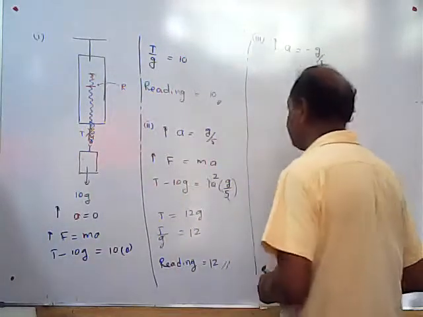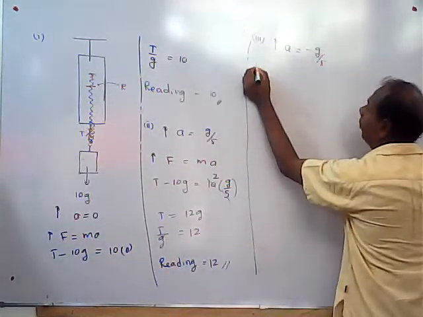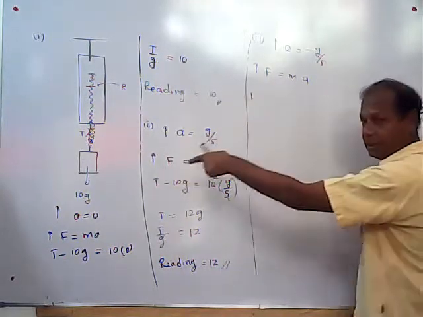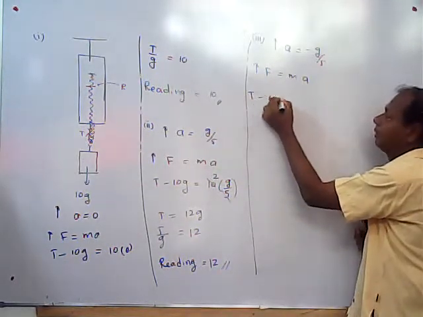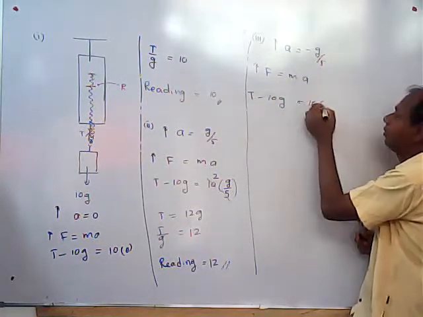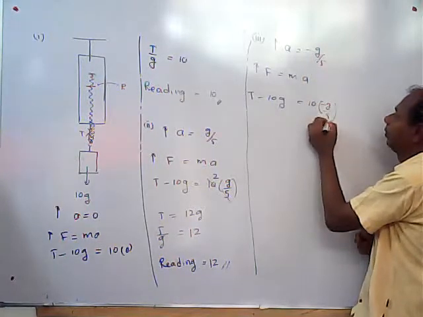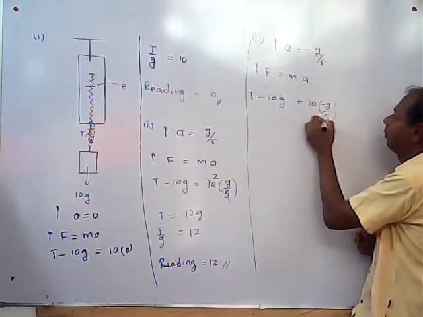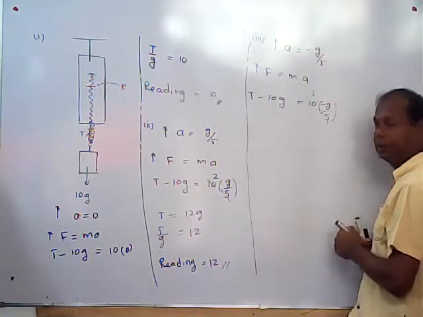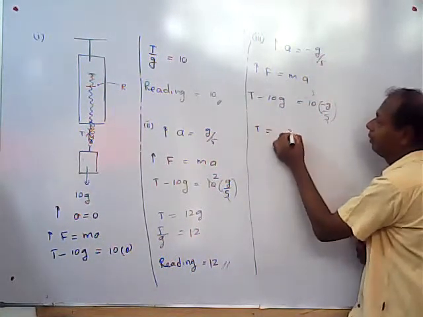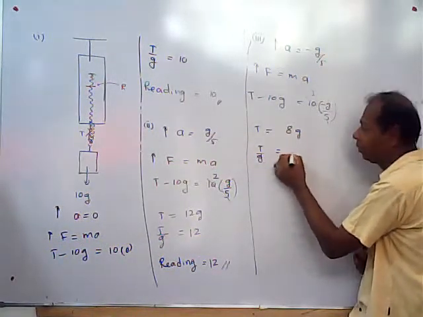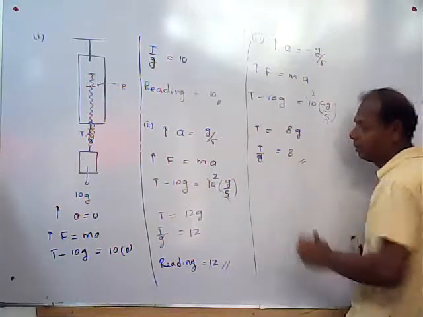Applying F equals ma again upwards for the object, the left hand side will be the same, T minus 10g. On the right hand side, m times the acceleration is minus 2g. So we get T equals 8g. The reading is T over g, so it's equal to 8. This time the reading is 8.